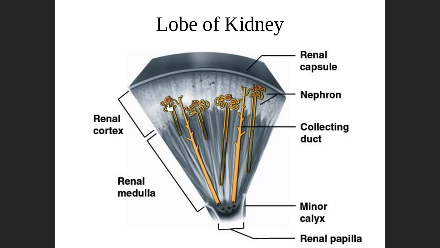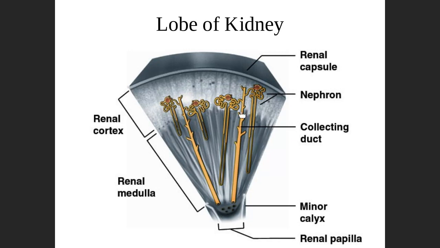In the cortical nephron, the efferent arteriole gives rise to the peritubular capillary. But associated with the juxtamedullary nephron, the efferent arteriole gives rise to the vasa recta, which goes into the medulla. That's one difference.